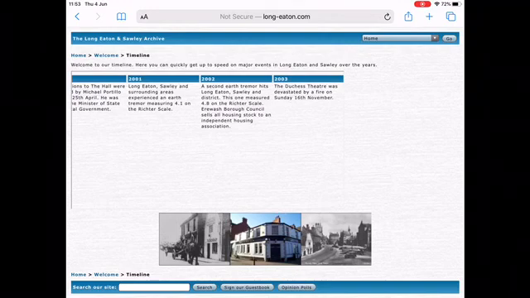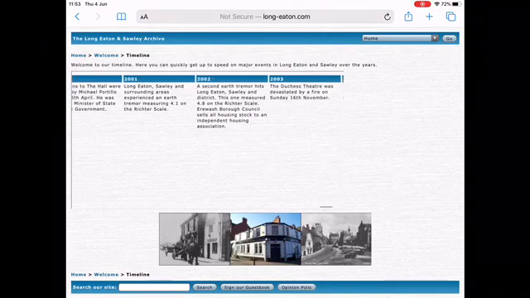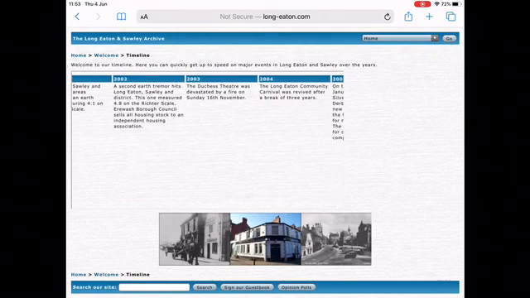Oh goodness, an earthquake. And a second earthquake. In 2003, the Duchess Theatre in Long Eaton burned down. Now I remember the Duchess Theatre. The carnival started again in 2004, Long Eaton Carnival.